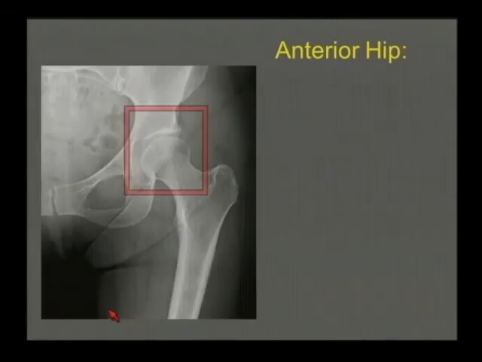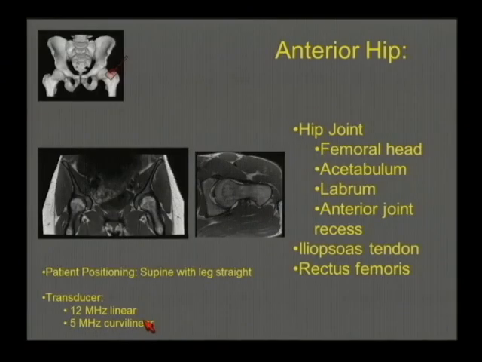All right, we'll start with diagnostic evaluation of the anterior hip. You can see for the first image here, I just have a few MR images, coronal and oblique axial images, T1 weighted. The reason I have this up is to show the number of structures we're seeking to evaluate when we look at the anterior hip. There's obviously the bone and the capsule of the joint, as well as multiple muscle structures that are more superficial to that.